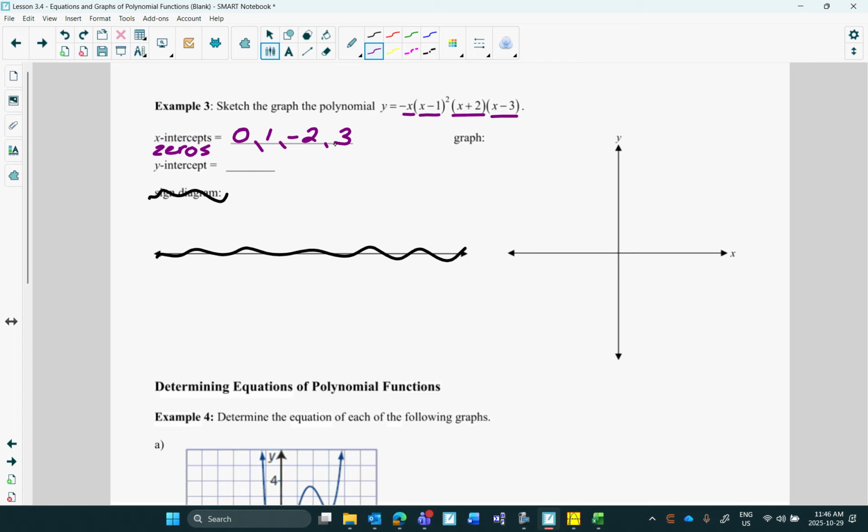Okay? But remember, this one has multiplicity 2. How do I know that? Because there's 2 of them squared. So that means when I graph it, it's going to bounce back at 1.